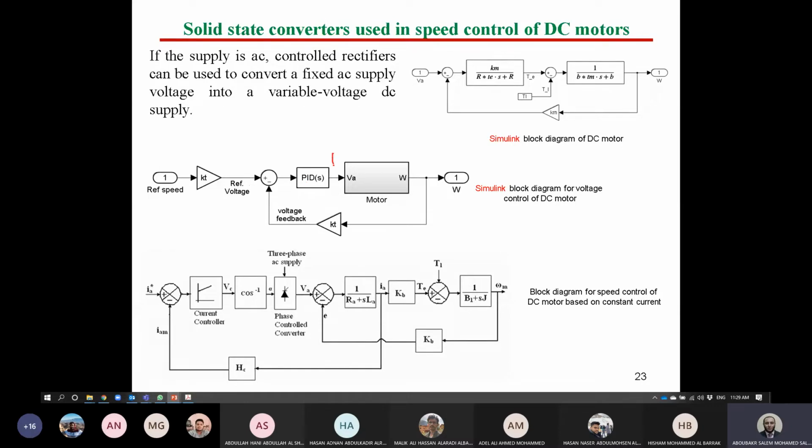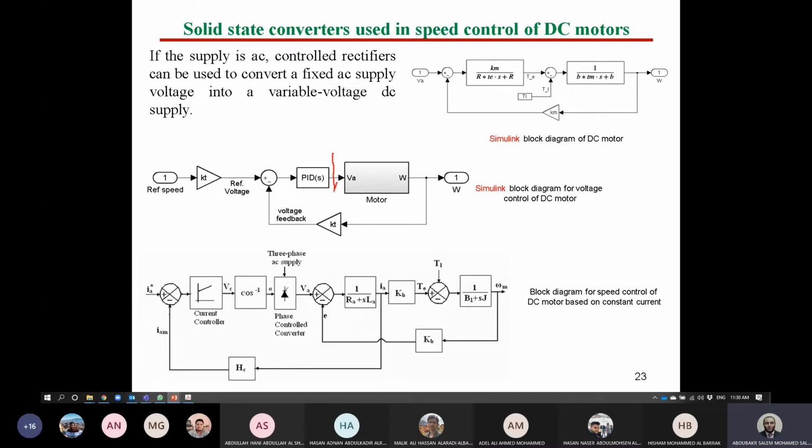So the power electronic converter exists here in this part. It will take the pulses from the digital controller, and the digital controller will implement the PID function in order to deliver pulses to a circuit. The aim of this circuit is to modulate the input supply voltage to be suitable for the output voltage needed for the motor.